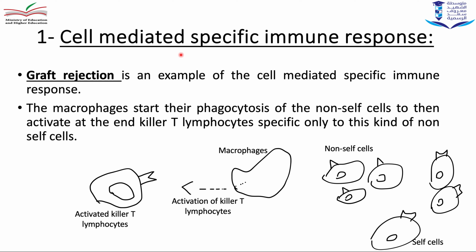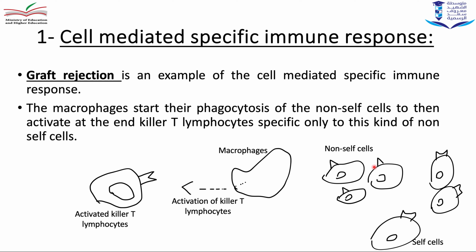The cell-mediated specific immune response is a type of the immune response. For example, the graft rejection is an example of the cell-mediated specific immune response. Here we have the macrophages, which start their phagocytosis.